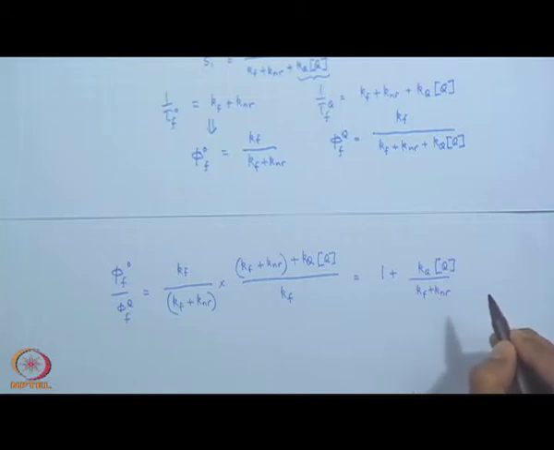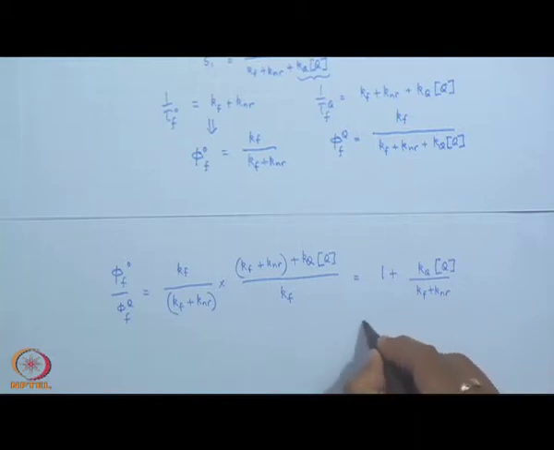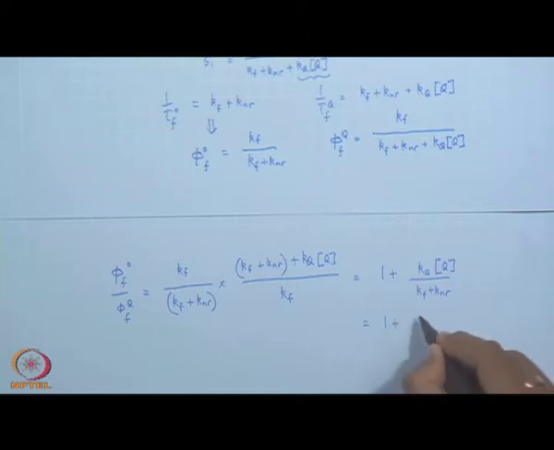Okay. Now, what is this basically? What is this? This 1 by k f plus k n r is basically tau 0, the lifetime in absence of any quencher.